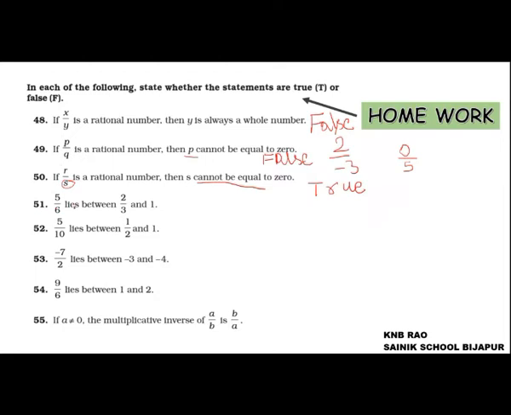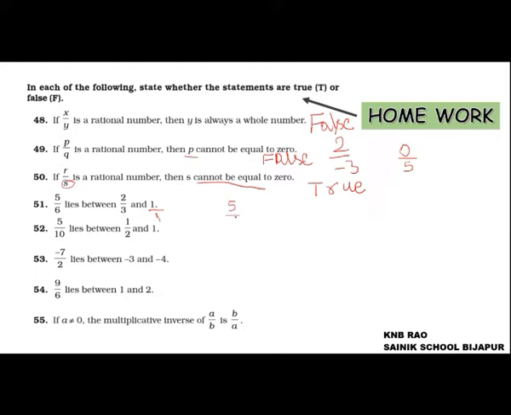In question number 51, they gave a statement: 5 by 6 lies in between 2 by 3 and 1. To check whether it is true or false, you need to convert all three rational numbers to the same denominator. Here 6 is the denominator, here 3 is the denominator, here 1 by 1 is the denominator. So we can take the LCM of 6, 3, 1, which is 6.